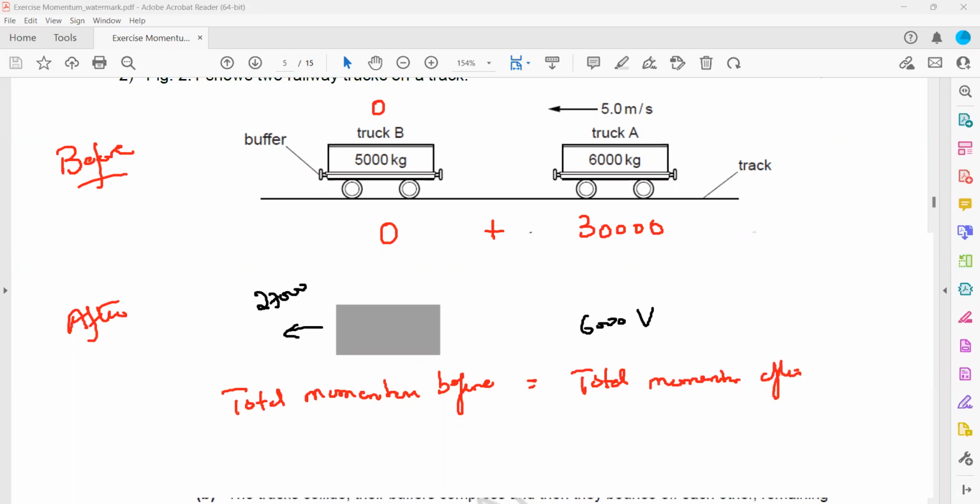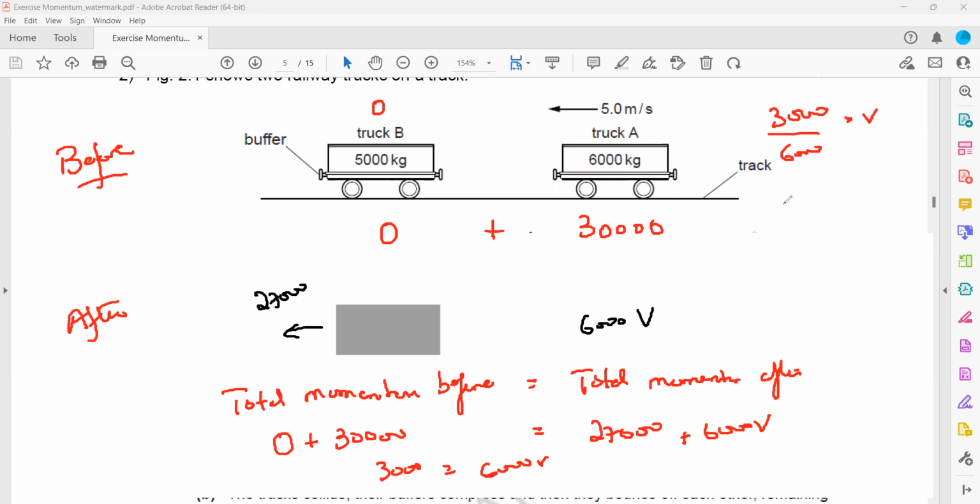So before it was 0 plus 30,000, and after it is 27,000 plus 6,000 V. Now we simplify this. 30,000, 27,000 will move to the other side, it will become 3,000. So 3,000 equals 6,000 V. 6,000 is multiplied, on the other side it will be divided. So 3,000 divided by 6,000 equals V. So 0.5 meter per second equals V. So V is equal to 0.5 meter per second.